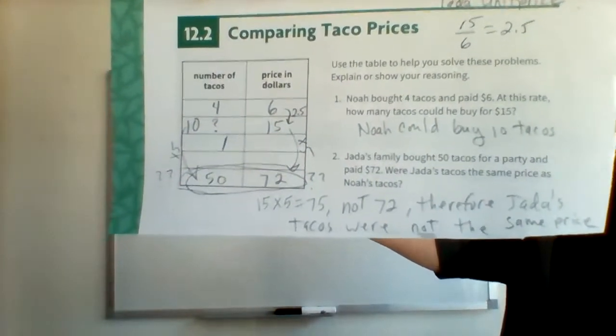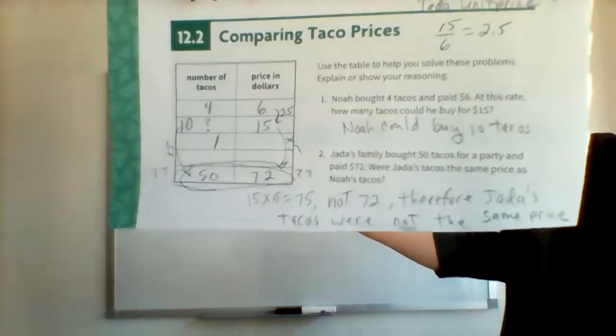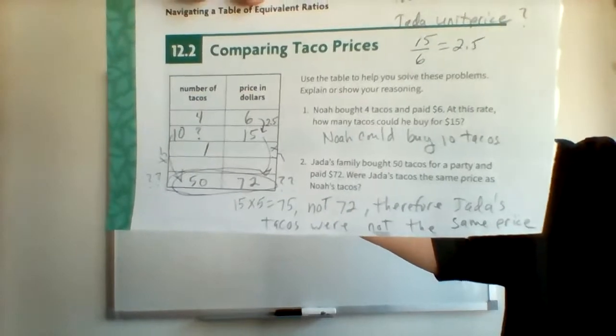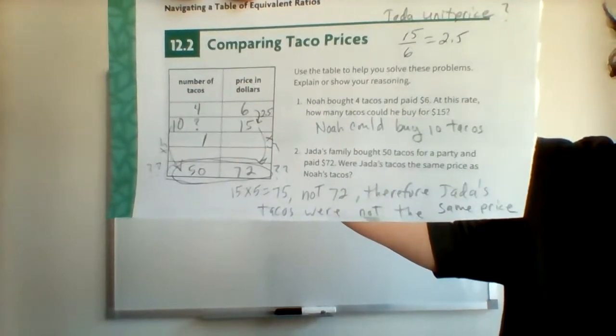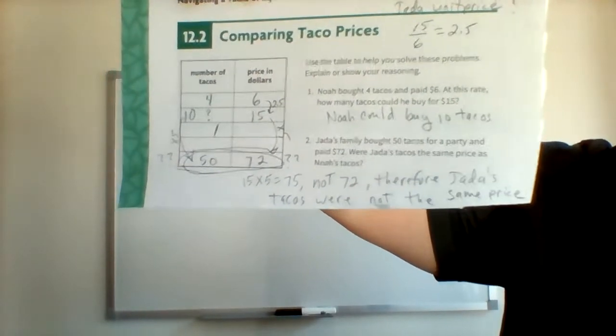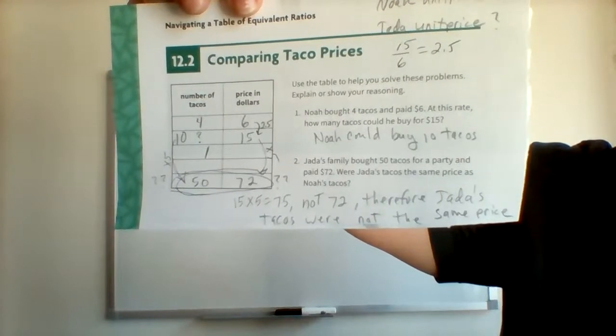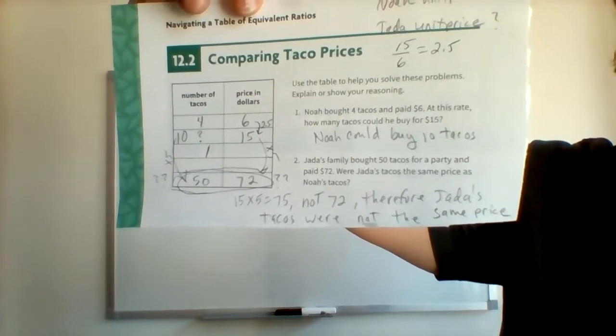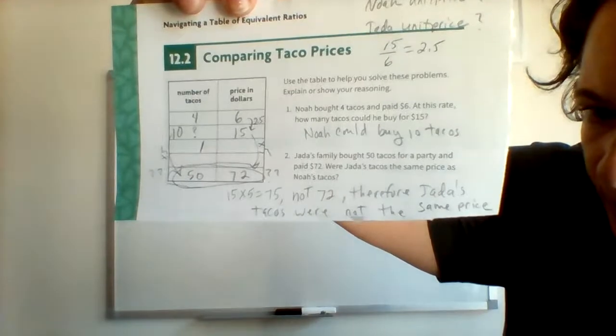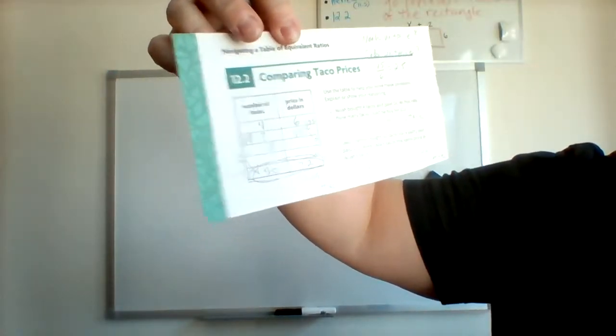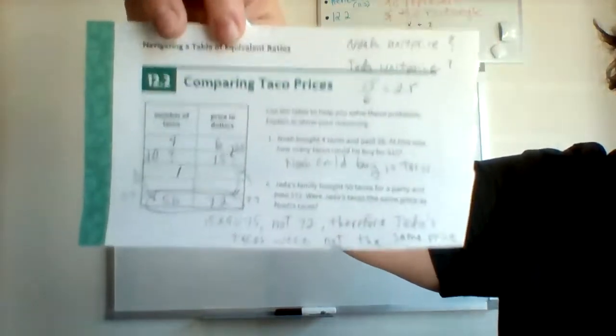Let's put the 1 under the 10 and find out for Noah, how much does each taco cost? How do we do that? How do I get from either 4 to 1 or 10 to 1? How do I do that?